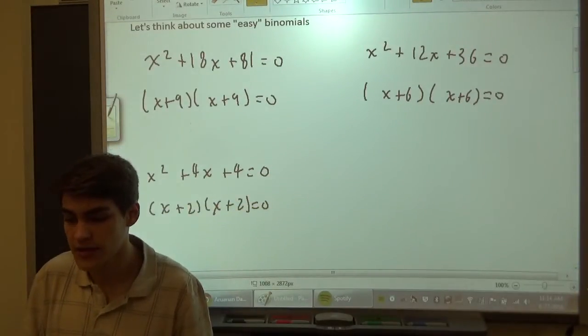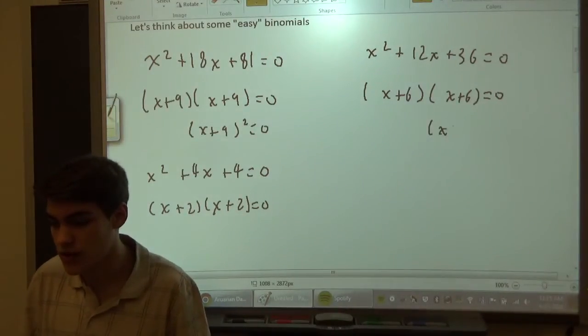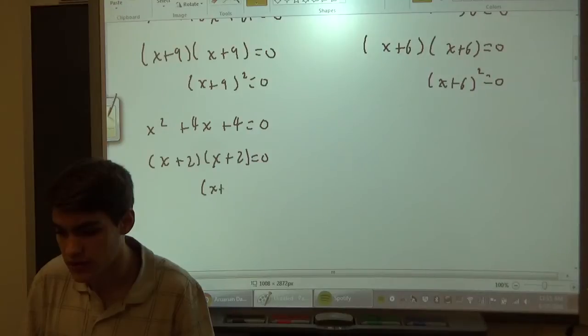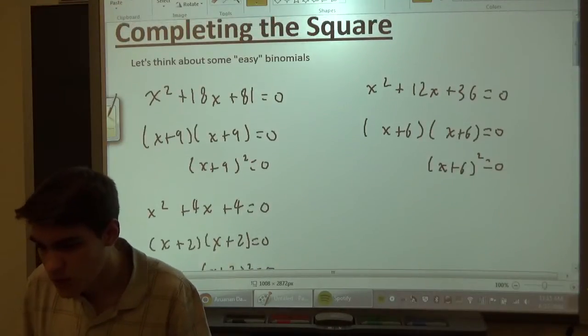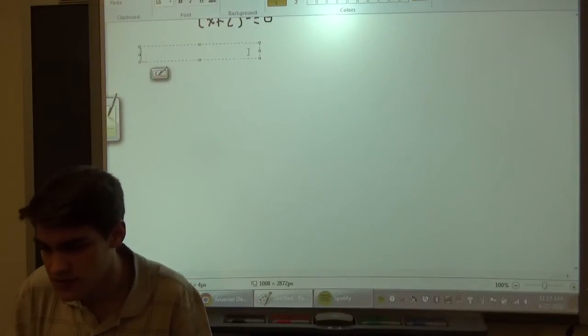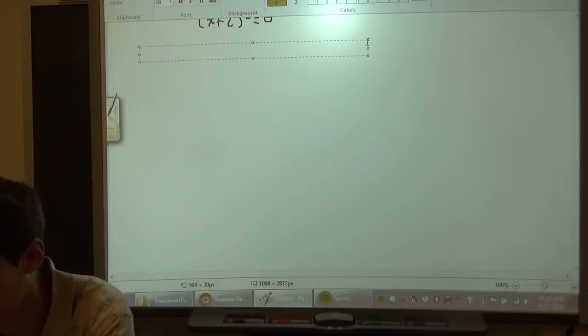The next thing I want to say is that you can take each of these and write them in this form, where it's some binomial squared set to 0. So all of these could be written like this. Because what I want to talk about next is the fact that all of these have something in common, and you guys are going to see what they have in common pretty quickly.